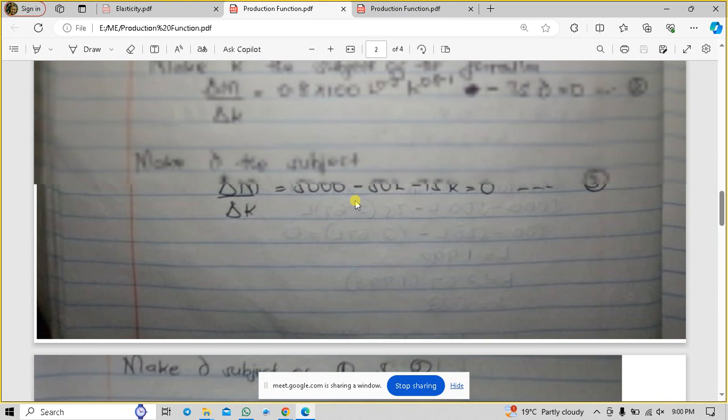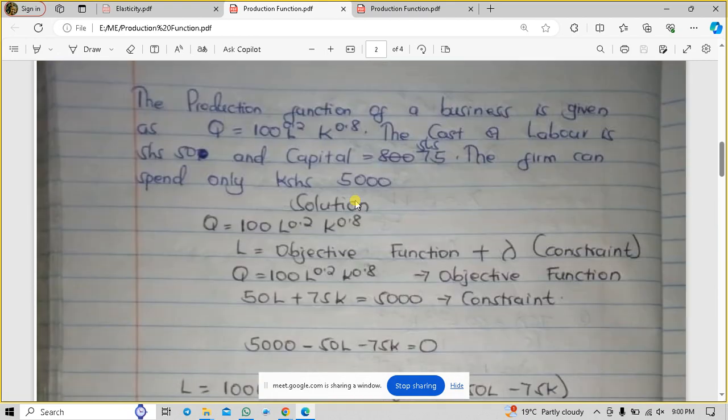So I want us to start from here. I have given you the question, and I can see time is much gone, but I want us to get somewhere with this question. So anyone who does not have that question, Q is equals to 200, L to the power 0.7, K to the power 0.3, cost of labor is 500, capital is 800, the firm can spend 20,000.